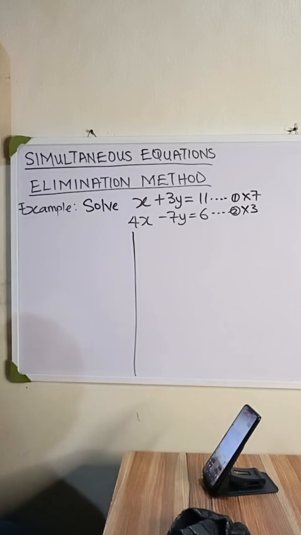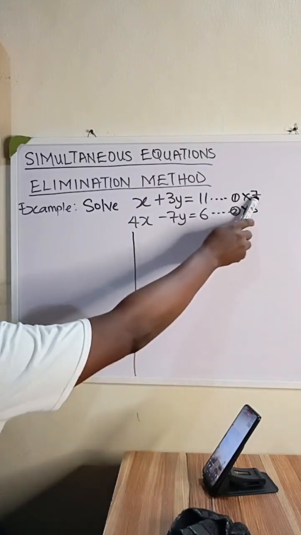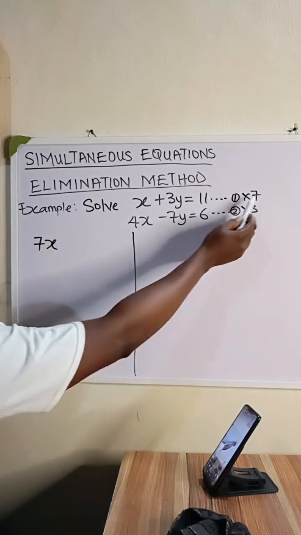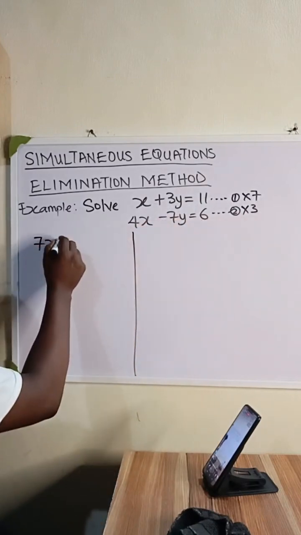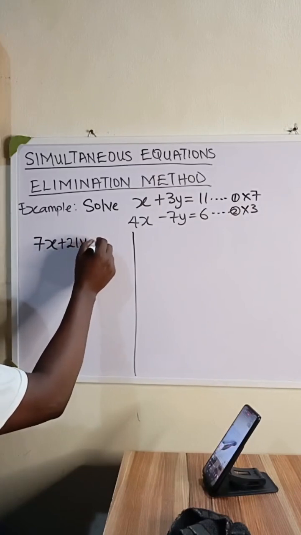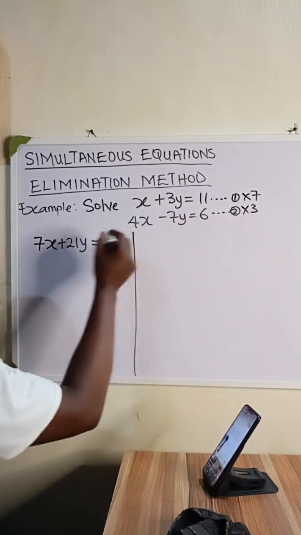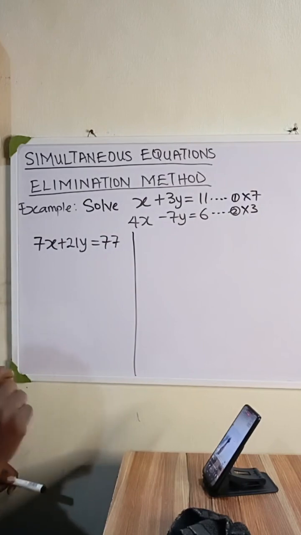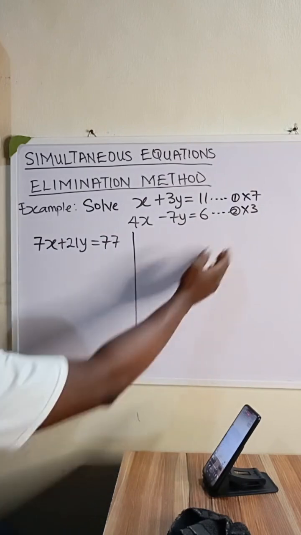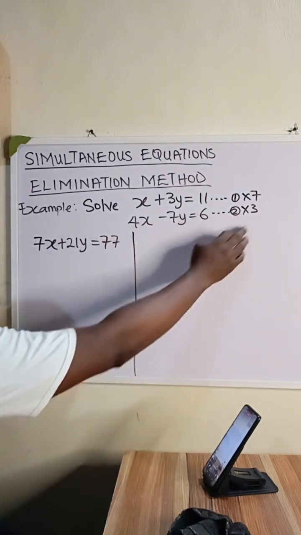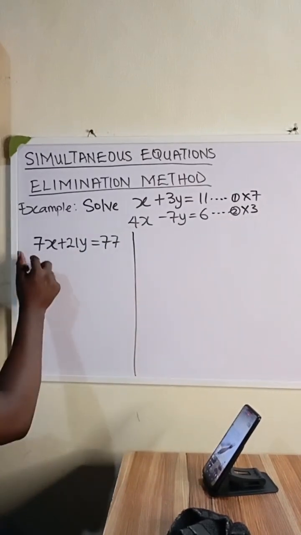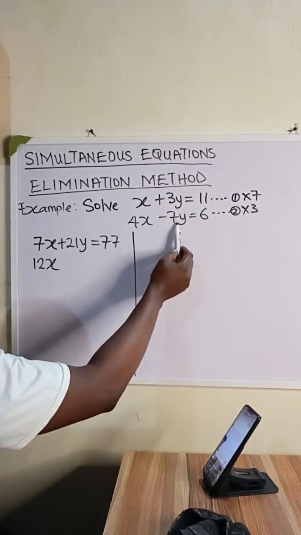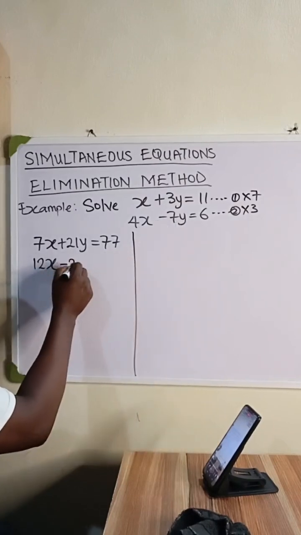Good. So let's see. 7 times x will give us 7x. 7 times plus 3y will give us plus 21y. Is equal to 7 times 11 will give us 77. So we have used 7 to multiply equation 1. Now we're going to use 3 to multiply equation 2. 3 times 4x is going to give us 12x. 3 times minus 7y is going to give us minus 21y.